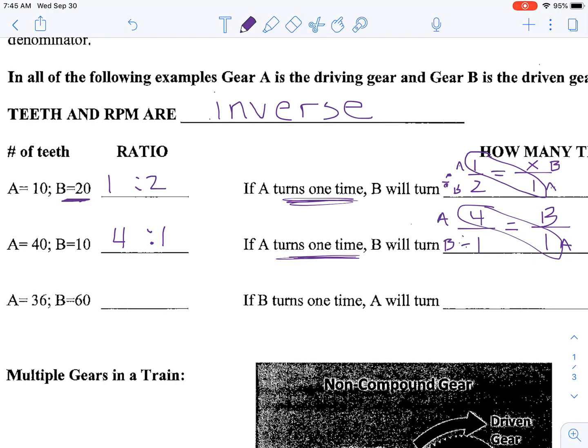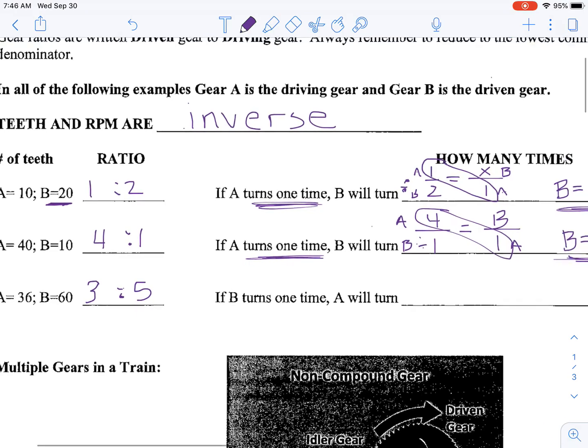So let's look at the next one here. This will be 36 over 60, and then we reduce it like it were a fraction. I know that 12 will go into both of those. 12 goes into 36 3 times, and 12 goes into 60 5 times. So my proportion over here, when we talk about RPMs, we go 3 over 5, and go ahead and make the little note here, because this one's a little bit different.